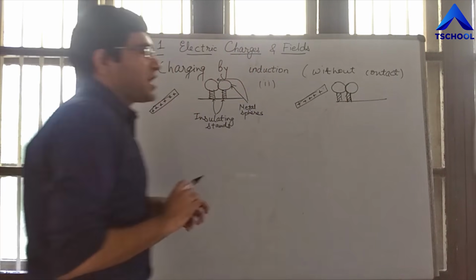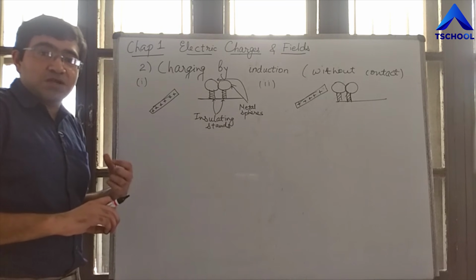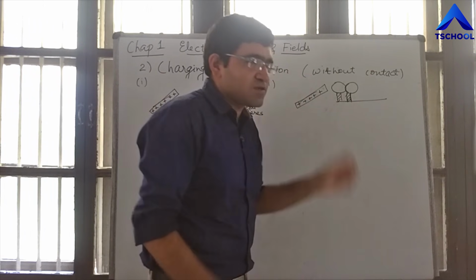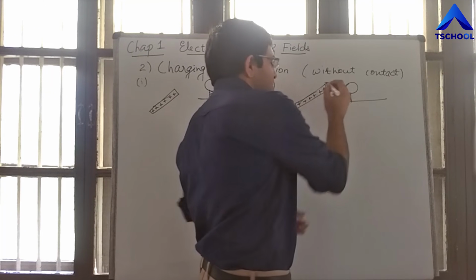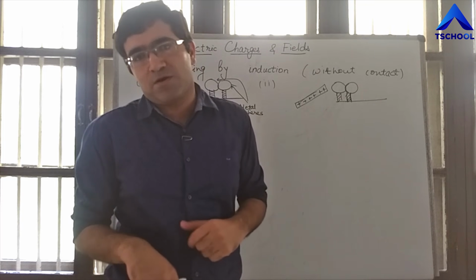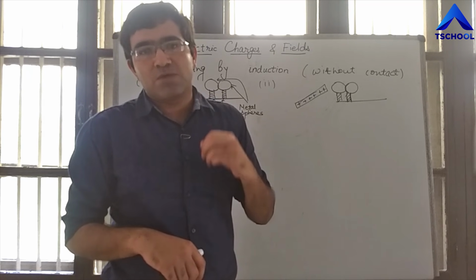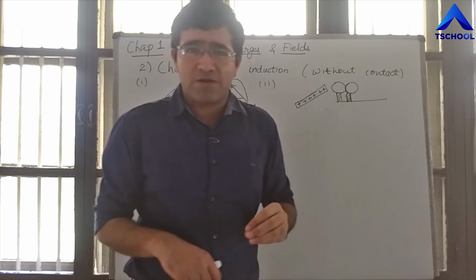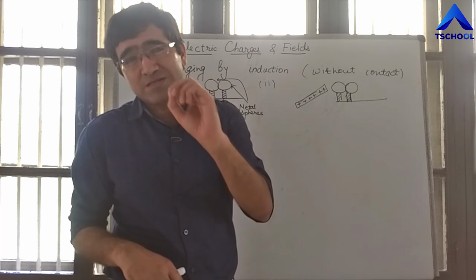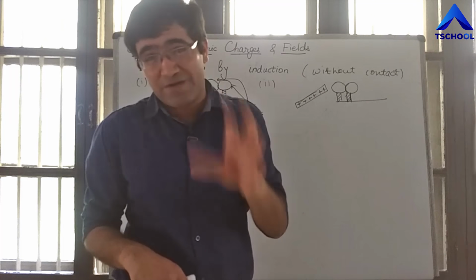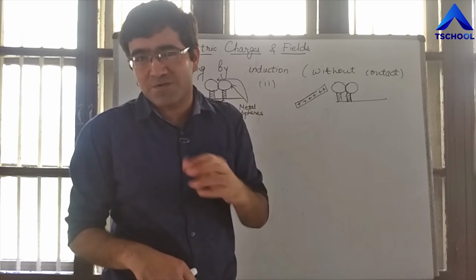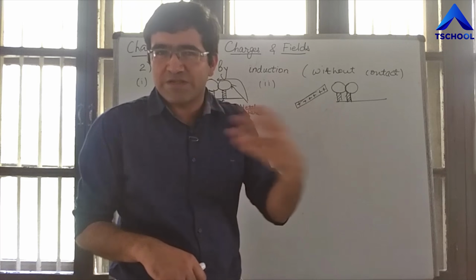When we do that, because metals allow charges to flow easily, the positive charge of the glass rod will start attracting the electrons from the metal sphere. Because obviously metals are made up of atoms. Atoms have so many electrons, and I'm sure you remember that metals have free electrons. You would have studied that in 10th standard, that metals have many free electrons which are very easy to move.